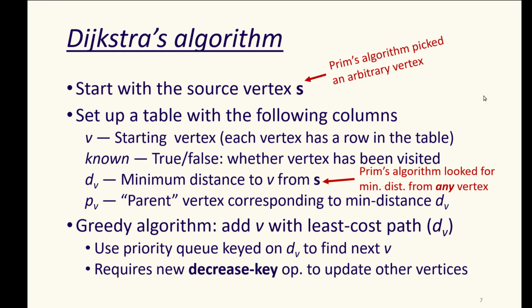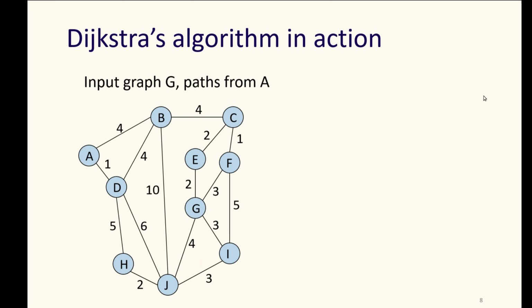So as we find shorter paths, then we might have to decrease the keys of things that are already in the priority queue, which, as we know, is not always the best operation to do in a priority queue, changing values once it's built, but it can be reasonably fast with the right types of priority queues.